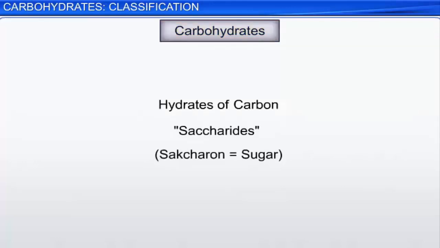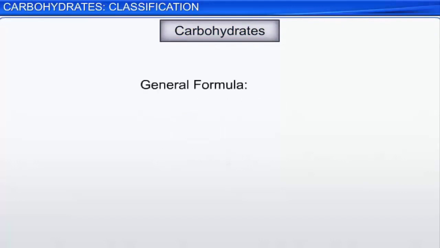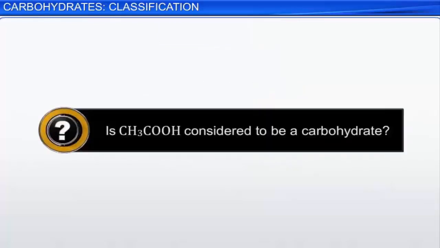Many, but not all carbohydrates have the general formula CxH2Oy. For example, glucose, C6H12O6. Its formula can be rearranged to fit the general formula. So, is CH3COOH considered to be a carbohydrate?